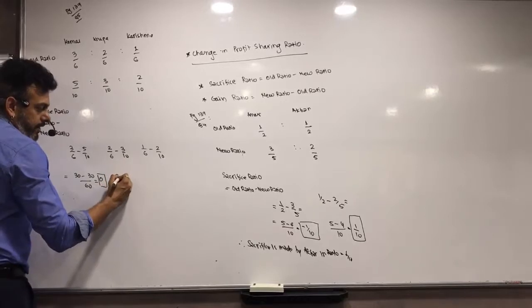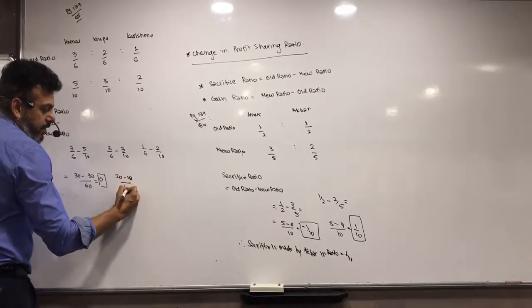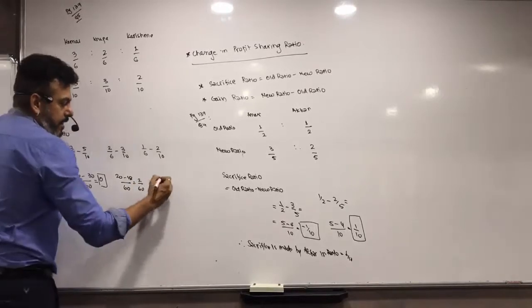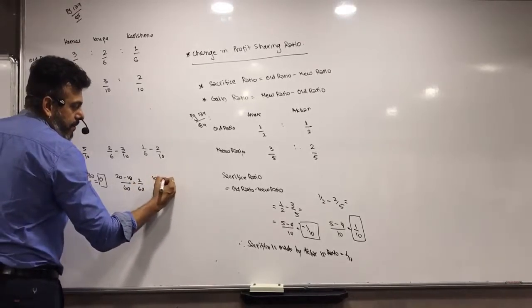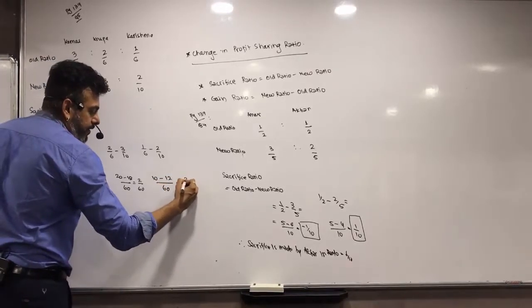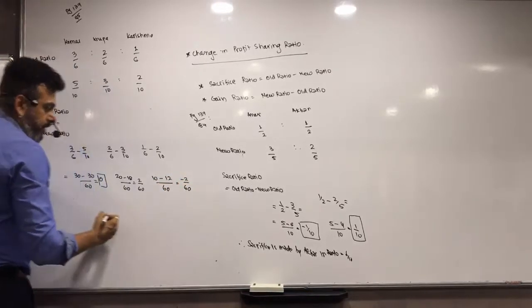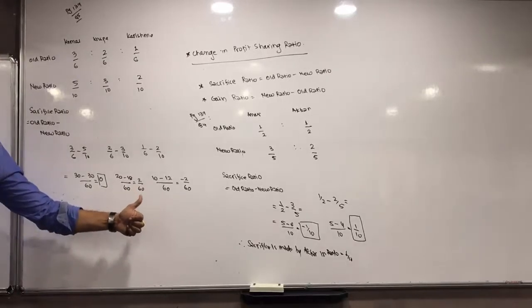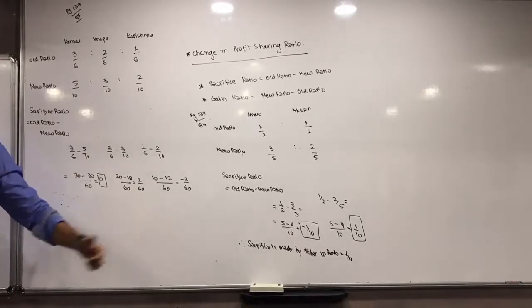Then 20 minus 18 upon 60 is equal to 2 by 60. And 10 minus 12 upon 60 is minus 2 by 60. So who is making the sacrifice? Positive जो है, that is the sacrifice. Understood this? Okay.